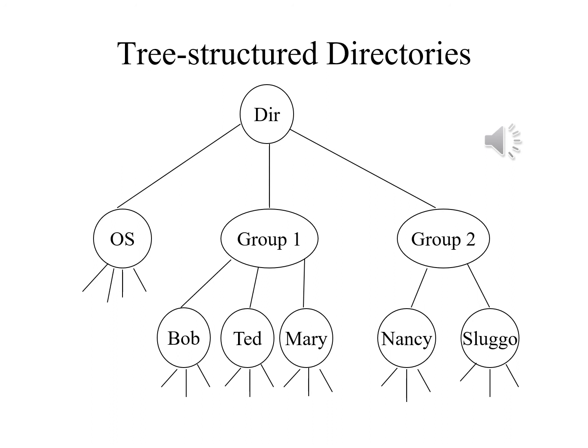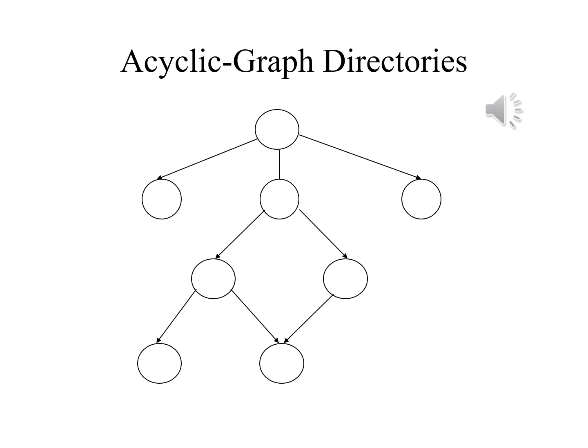While it is usually more convenient to describe a file using the relative path, a file far removed from the current directory may be more easily described using the absolute path. An alternative to the tree structure is an acyclic graph, where more than one directory can point to a given file.